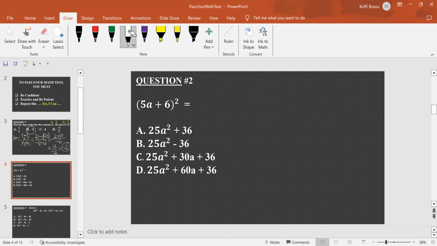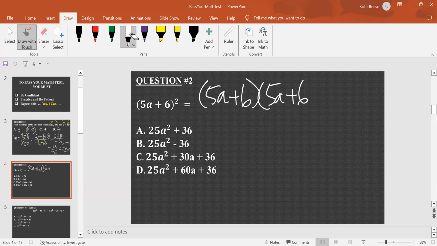Instead, take your time, rewrite the expression as (5a plus 6) multiplied by another (5a plus 6). Yes, (5a plus 6) raised to the second power means you take 5a plus 6 and you multiply it by itself, which is the same 5a plus 6.